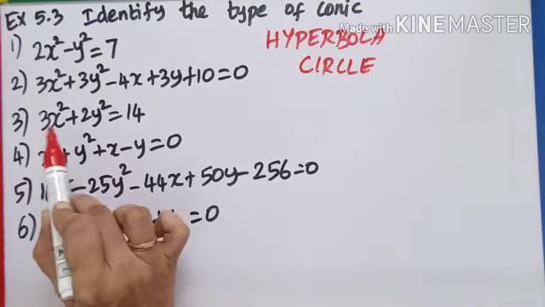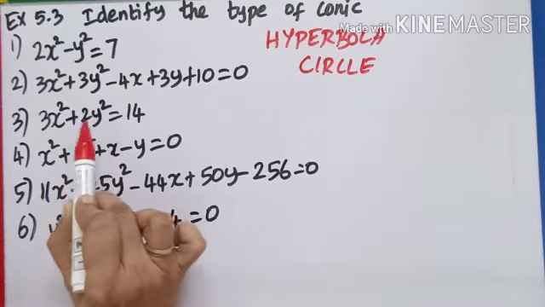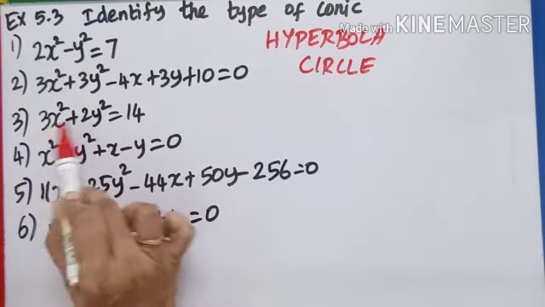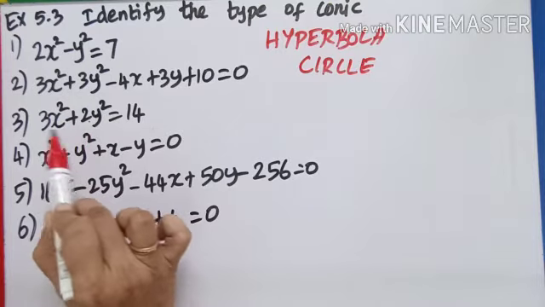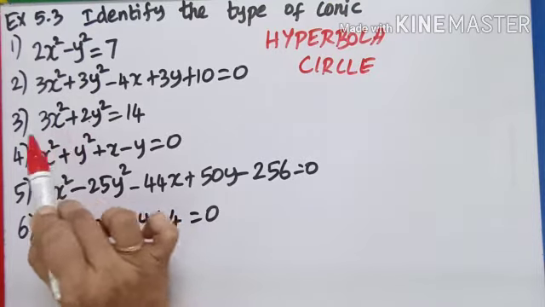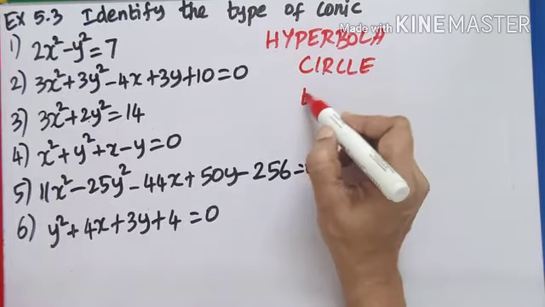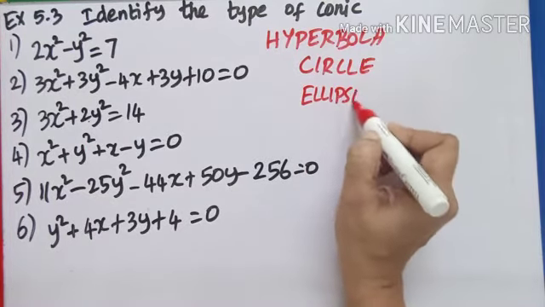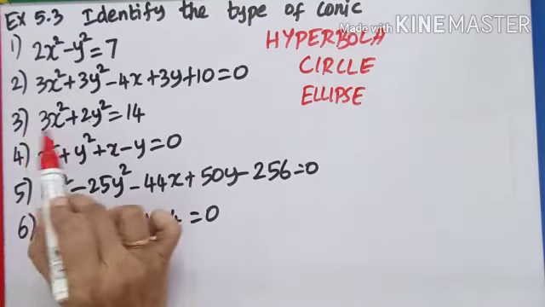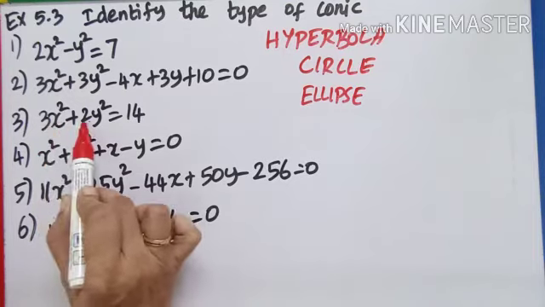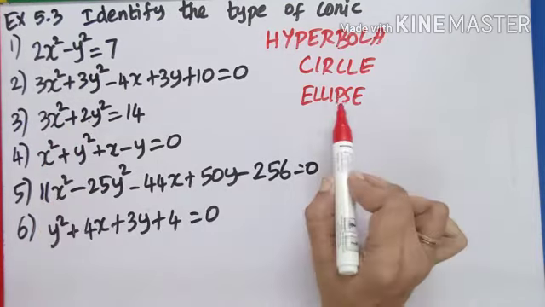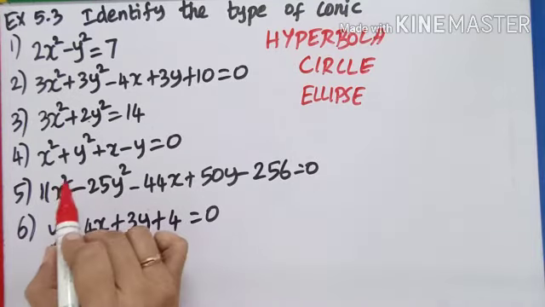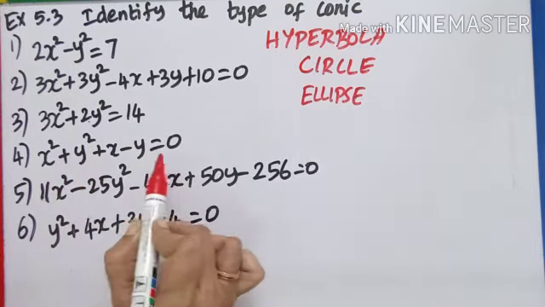Here again, x square, y square are present with different coefficients and plus symbol. Both are having the same symbol. It is an ellipse. If x square and y square have different coefficients and same symbols, it is an ellipse.